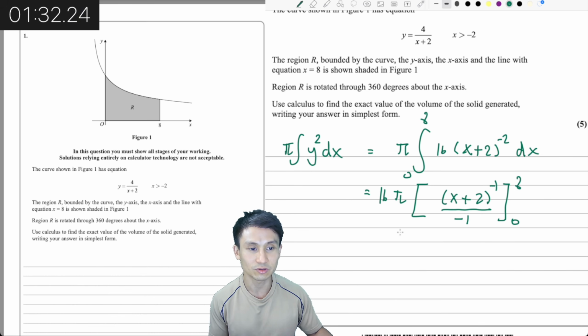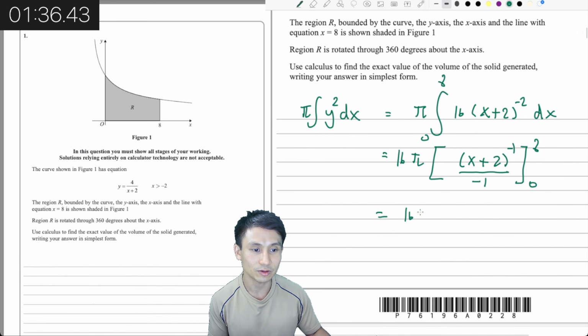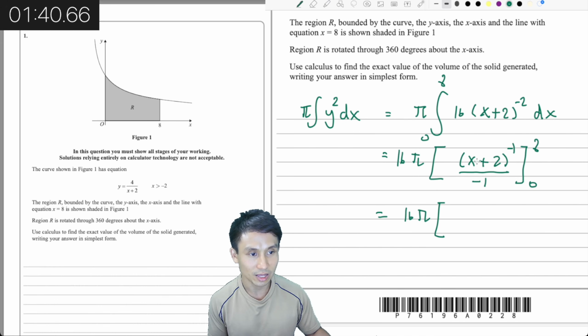And we put the bounds 0 to 8. Okay? So we're going to get 16 pi, and inside here, we put the bounds in. So we get 8 plus 2, which is 10, divided by minus 1, so this is minus 1 over 10, right?